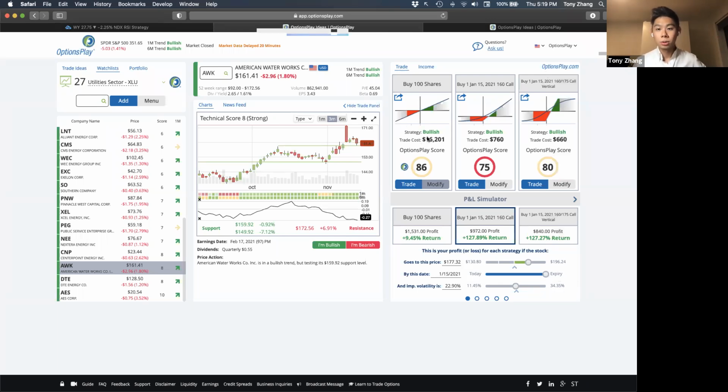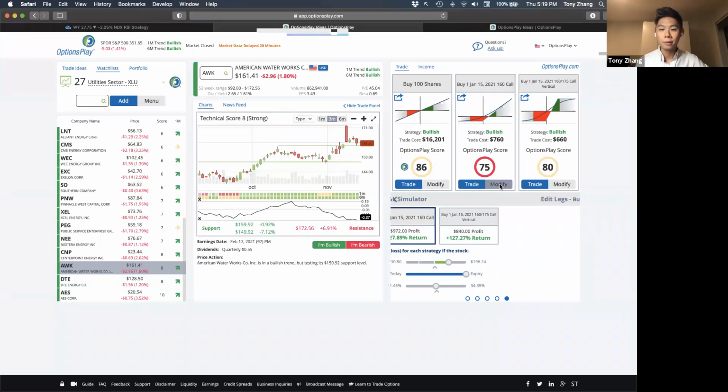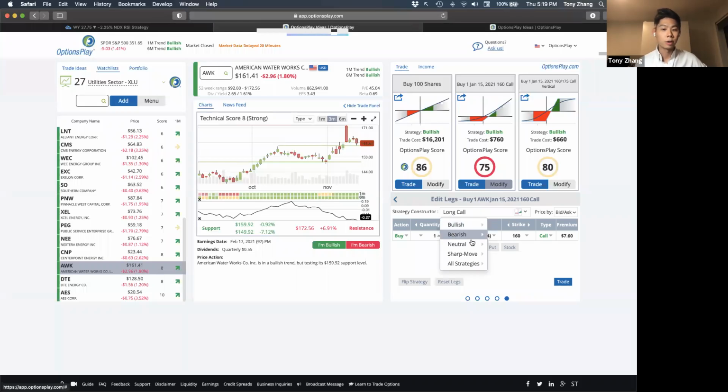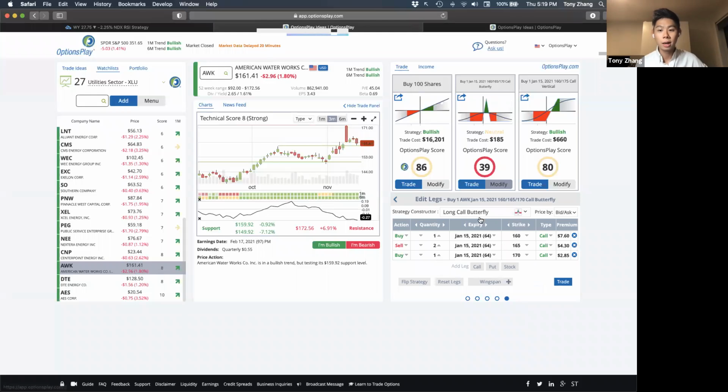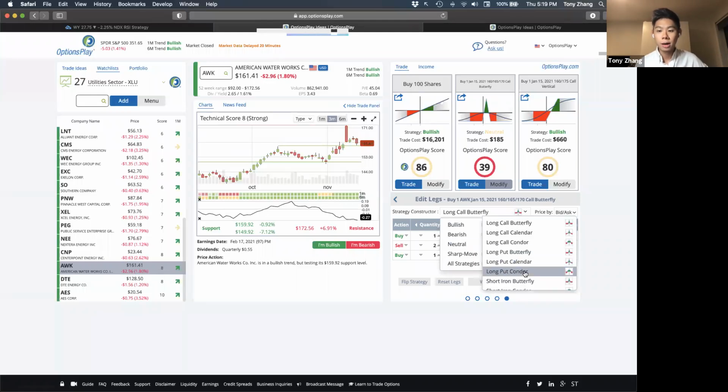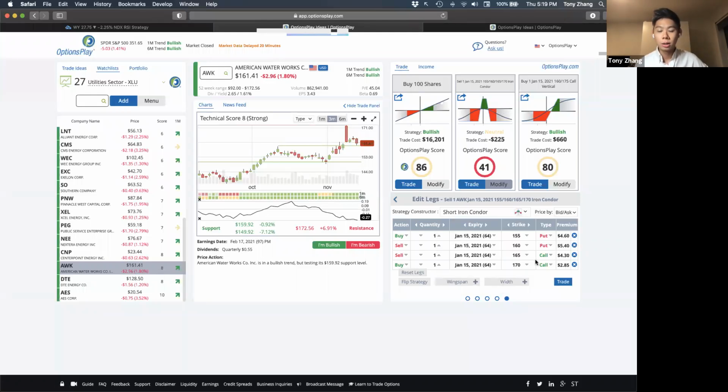The only options in the tool are call, put, and verticals. What about other strategies? So Sergio, all these strategies are here. If you want to modify this and trade a vertical spread or a condor or a butterfly or any of these, you can trade them. You can use the strategy constructor to construct any strategies. If you want to do a call butterfly, an iron butterfly, or an iron condor, you can do that with the click of a mouse.